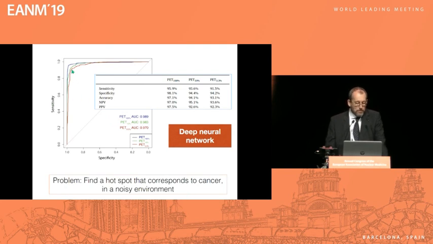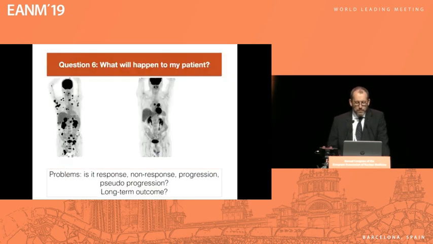But the red curve, which is not far away from the other one, has an AUC of 0.97 and an accuracy of 93%, which is quite good, with only 3% of the counts, so less than 1 millisievert exposure for the patient. So, proof of concept, but that's quite interesting.